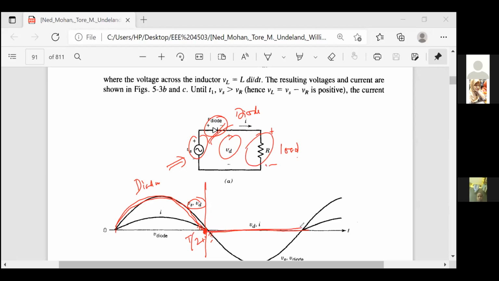And the VDC and VO will be VM by pi. If we represent the source voltage as VS sine of omega t, then VM can be replaced by root 2 VS by pi.